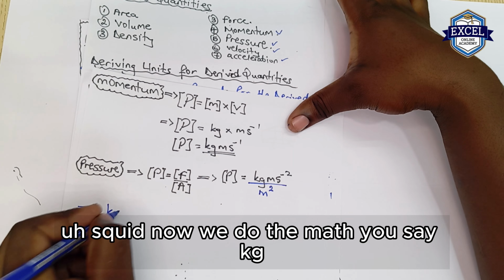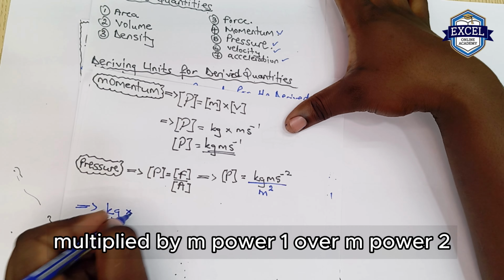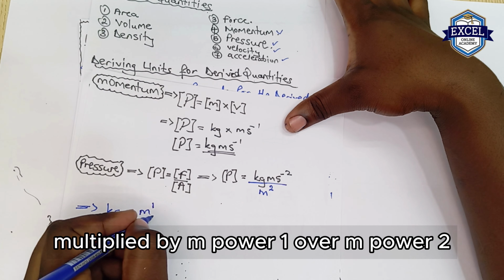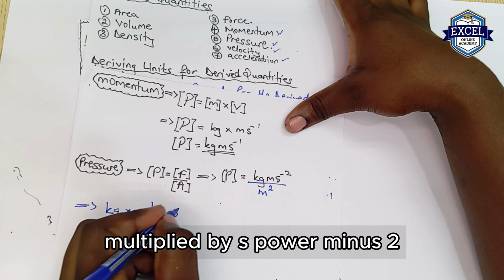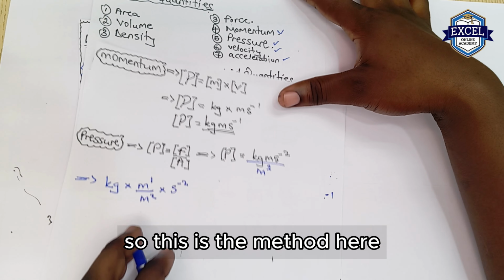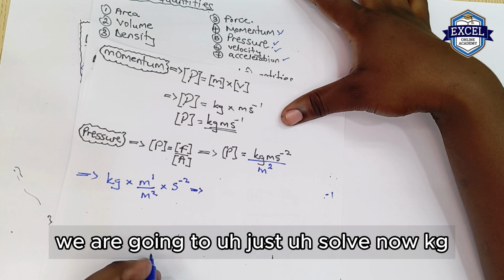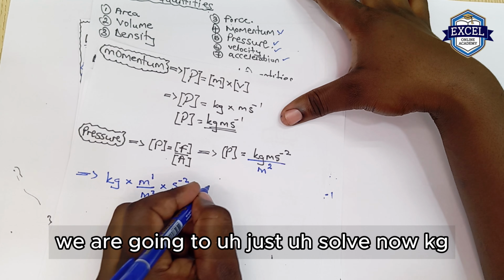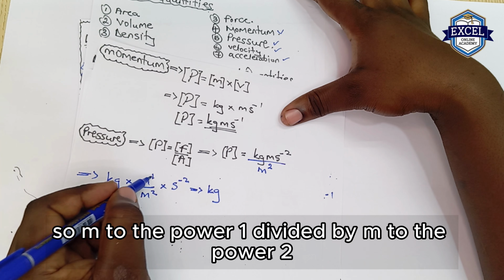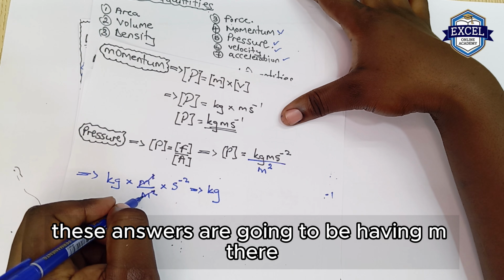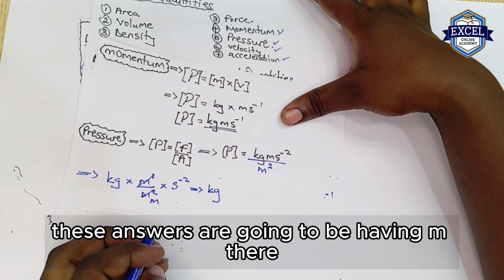You say kg multiplied by m power 1 over m power 2 multiplied by s power minus 2. So this is the math we're going to solve. Now m to the power 1 divided by m to the power 2, these cancel, and we're going to have m there.